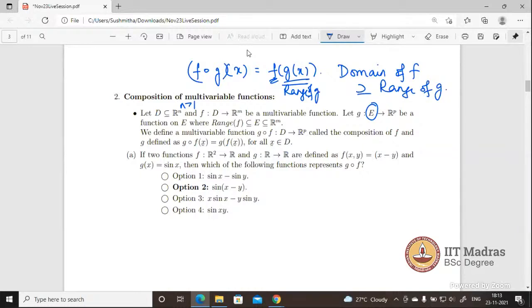Okay. So now I have two functions, f from R2 to R and g from R to R. Can I define f composite g? Okay, tell me this. What should I have here? X or x comma y?